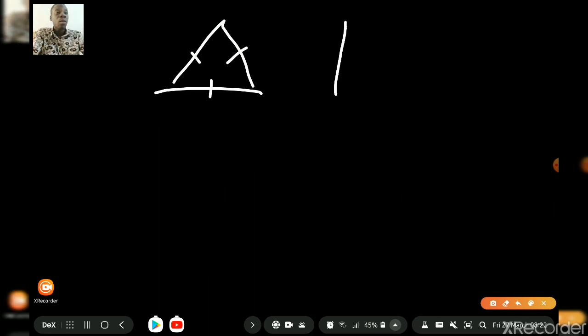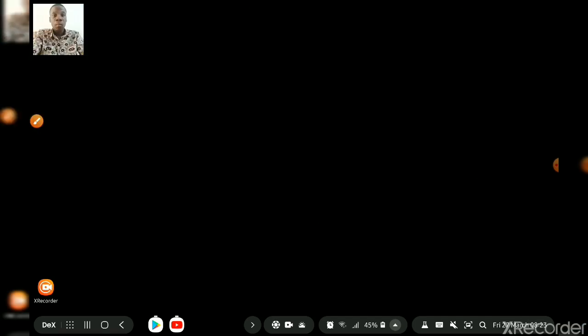Another example is a square. If you have a square, all the sides are equal, and all the angles are also equal, which is 90 degrees. For any other regular polygon, we can say a regular pentagon, a regular hexagon, a regular octagon, a regular nonagon.